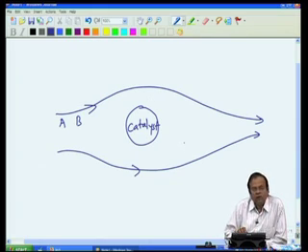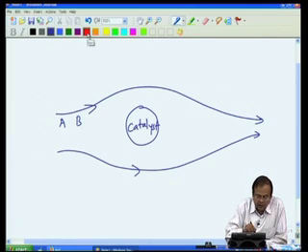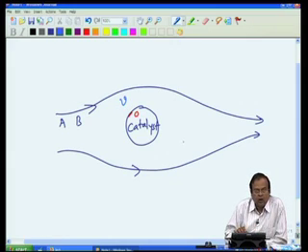Now, when we talk about flow past a surface, we talk about the hydrodynamic boundary layer, because what happens is that the velocity of the gas on this surface is 0 and it is flowing with a certain velocity v outside, in the bulk.